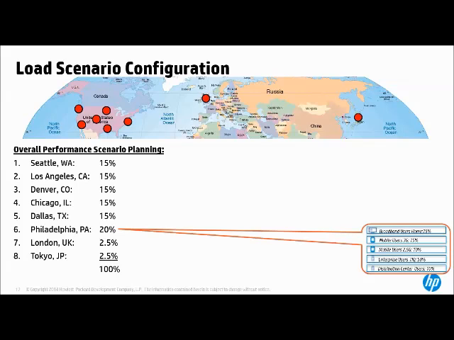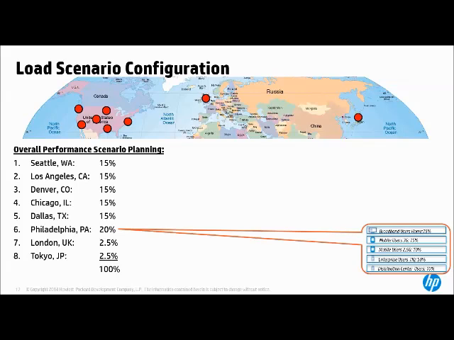For example, in Seattle, they said roughly 15% of our end user base is in that hub, and then you can see how it went through Los Angeles, Denver, Chicago, etc. And then they had a few international cities, London and Tokyo, where, again, it was a smaller percentage given this was a U.S.-based bank, but they wanted to have that as a representative sample size. Off to the right, this bubble that pops off, what you can see is they're now also saying, okay, let's think about the networks that these individuals are connecting over.